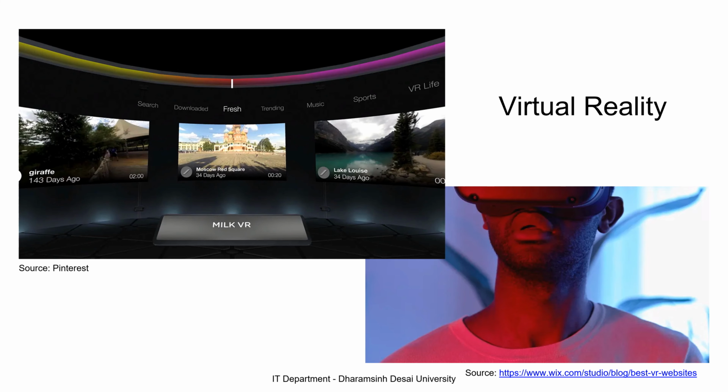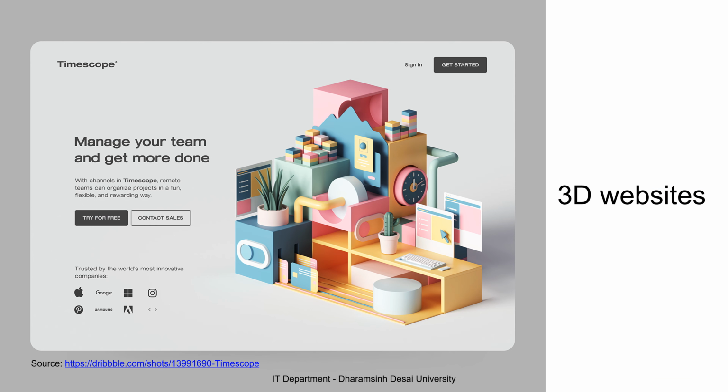Well, with VR headsets becoming more popular, we'll need websites specially designed for them, since regular 2D ones won't work. And have you ever seen 3D websites? They create really immersive experiences, proving that web development is always changing.